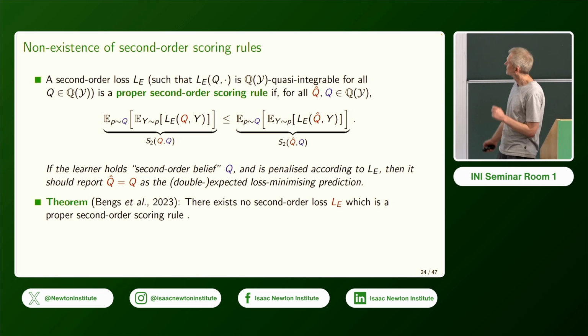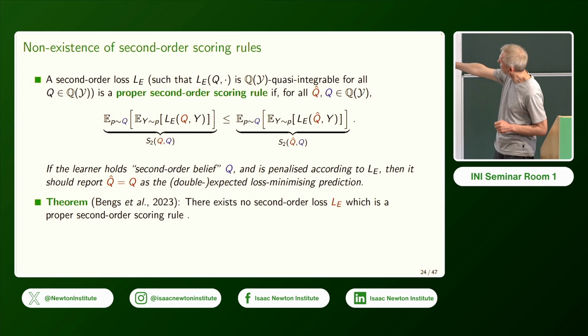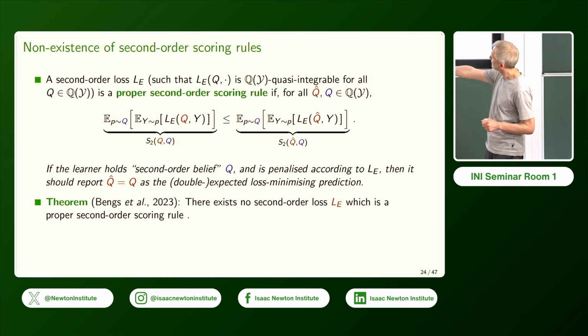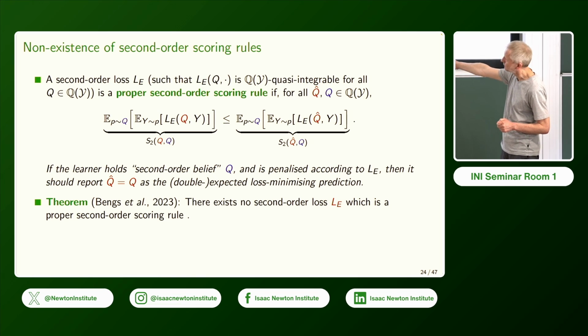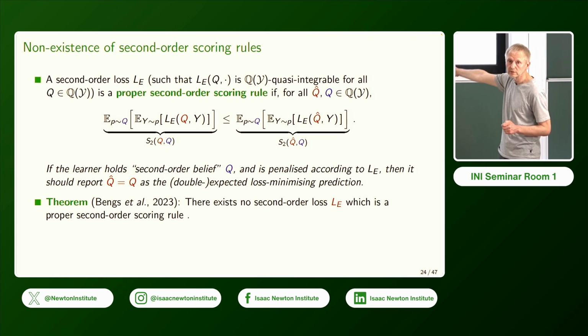This is basically done by generalizing the inequality that we have seen before to a double expectation, where we first sample a first-order distribution from the second-order distribution, and then an outcome from the first-order distribution, and then we compute the loss.